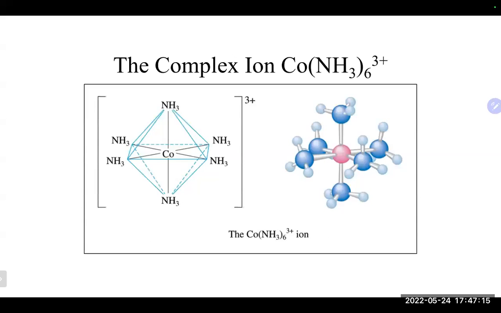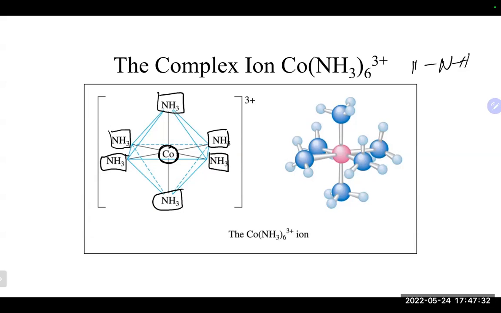Here's a prettier picture, I guess. So here's our transition metal, cobalt in this case, surrounded by 6 different ligands. NH3 is a really good ligand. A lot of good ligands, or Lewis bases, are things that are polar and have a pair of non-bonding electrons, like our nitrogen there on NH3.